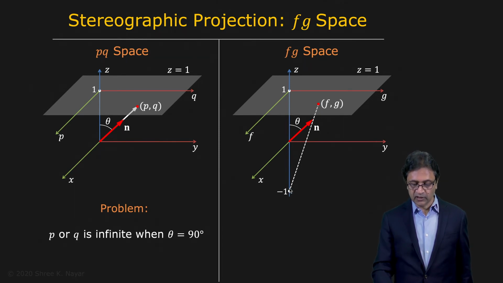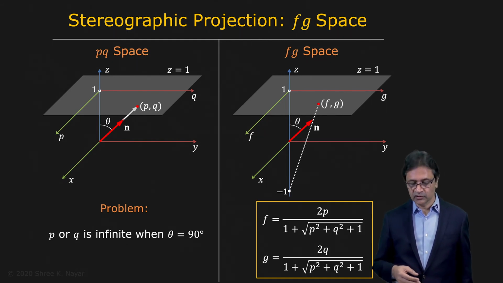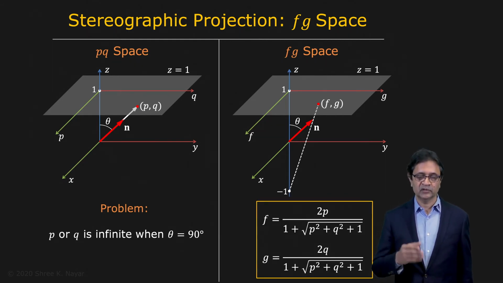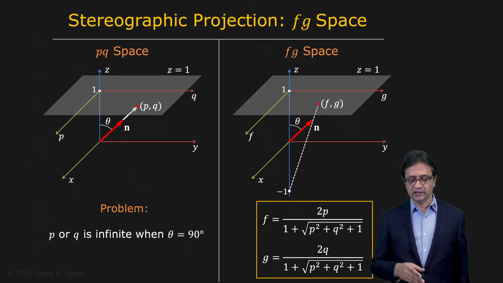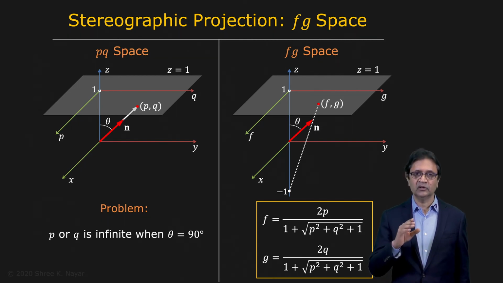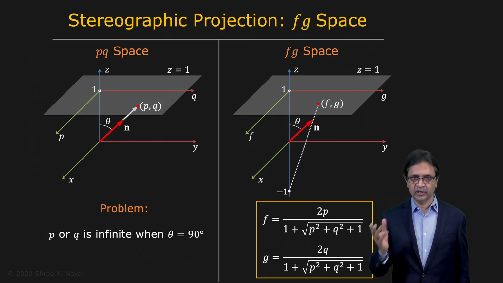And then you have the z equal to -1 point. These two are similar triangles. And using those two similar triangles, you can come up with a simple expression that relates FG to PQ. So the point that I want you to take away is that the unit normal n is equivalent to PQ, and that's equivalent to FG.